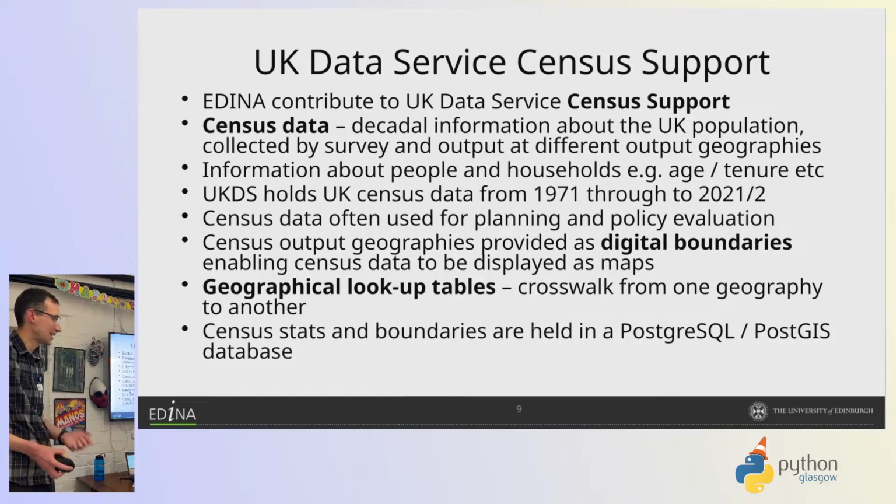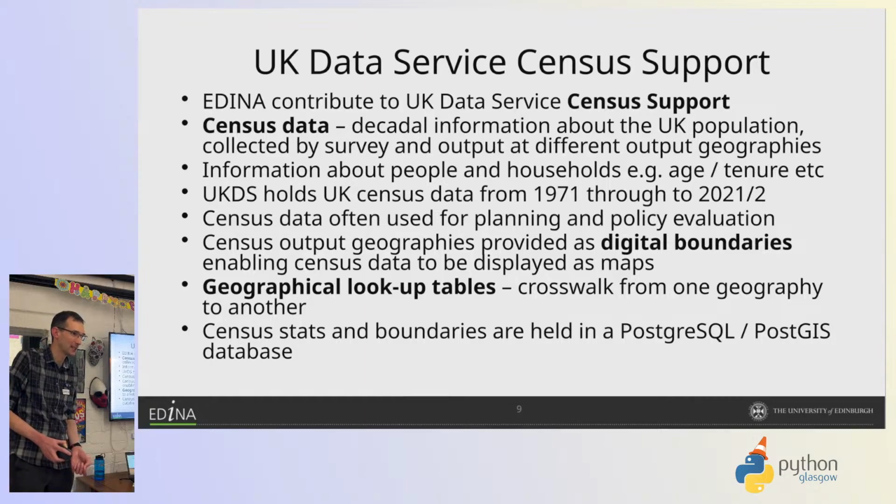So the census is collected every 10 years. In the past, they used to send a paper form out to every household, and you'd have to fill in various things like how many people live in that house, the age of the people, the age of the children, what sort of job you do. And then the census agency gathers all that information together, runs analysis, and produces the actual census data, and that's produced at distinct types of geography.